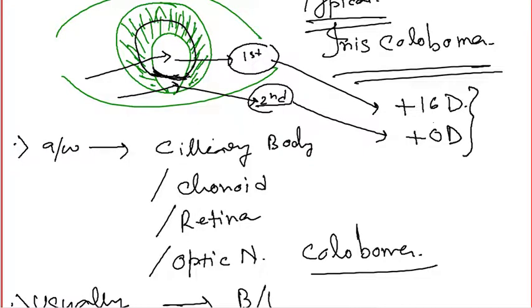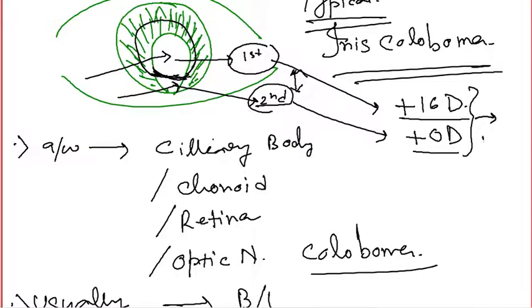There is always a power difference between these two parts, a difference of plus 16 diopter, which causes light to change direction.